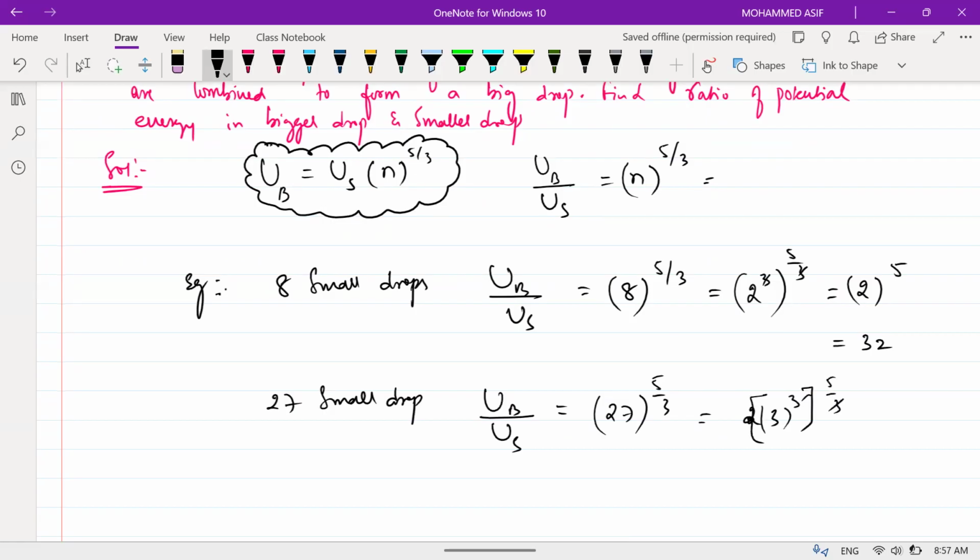The 3 will get cancelled. It will be 3 to the power 5, which is 3 into 3 into 3 into 3 into 3, which is 243. Do you get the idea of how to use this formula?